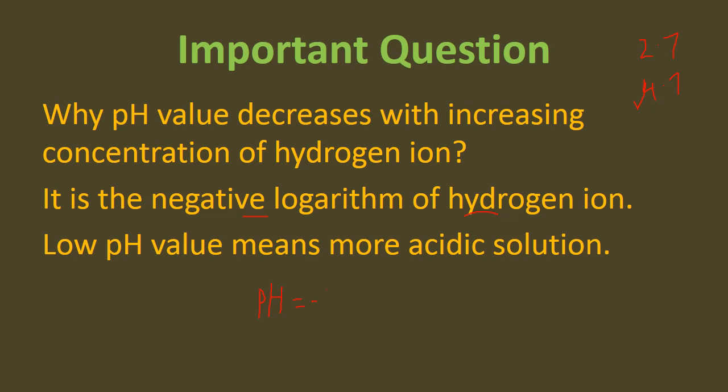Low pH value means more acidic solution. So here comes the answer. H positive means hydrogen ions, and the negative log means low value.